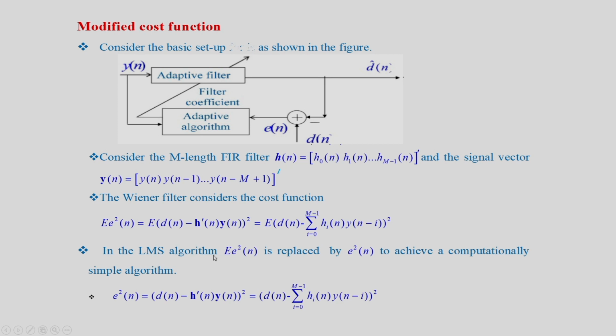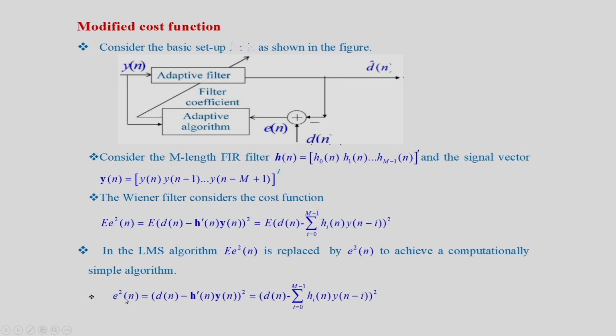In the LMS algorithm, E[e²[n]] is replaced by e²[n] to achieve a computationally simple algorithm. So the modification is very simple: just E[e²[n]], you are replacing it by e²[n].